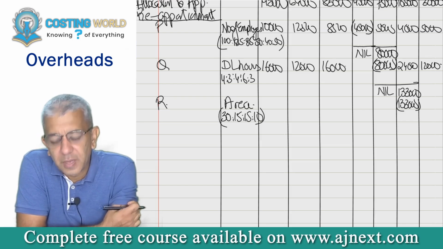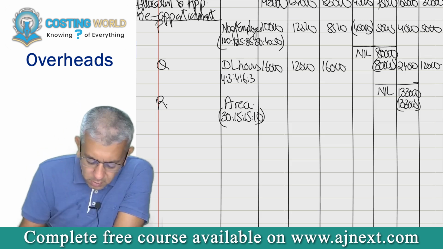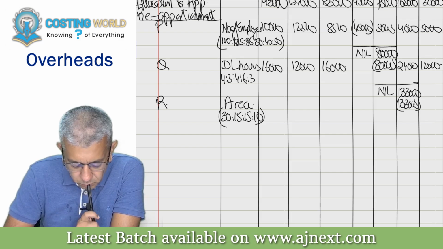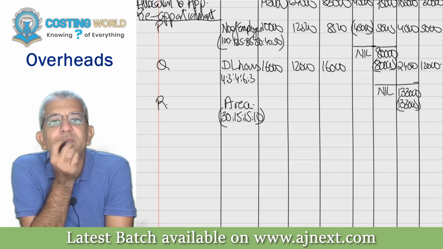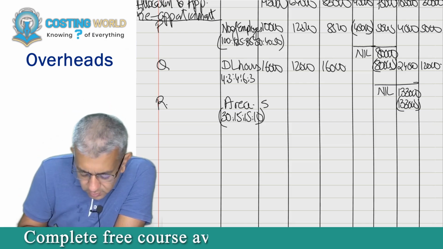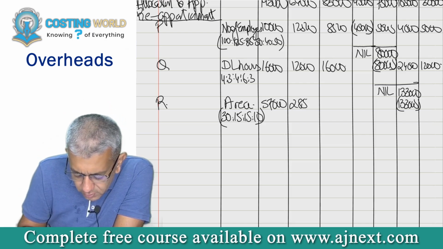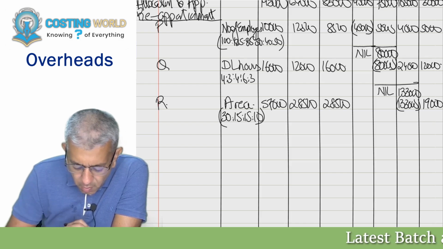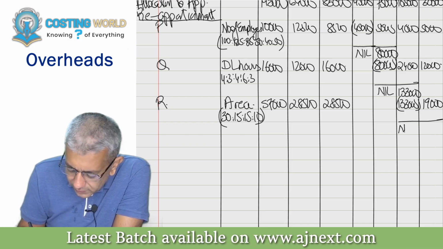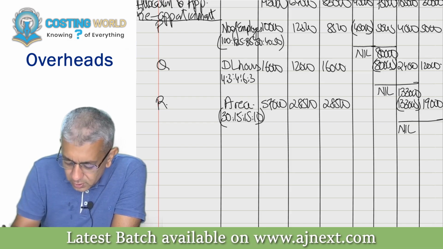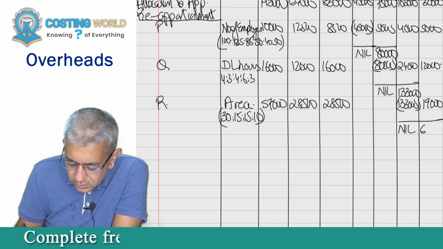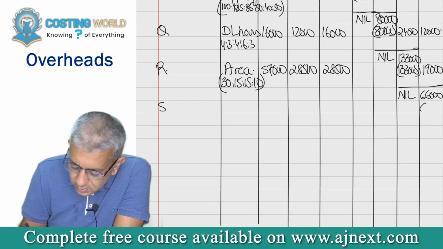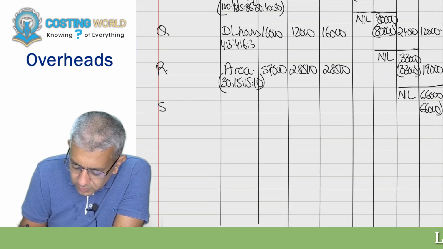Tell me the bifurcations, please. Got it. 28,500, 28,500, 19,000. That's okay? Yes. So this thing will become nil. Total this up. 30, 35, 47, 66,000. Yes. 66,000 you subtract over here.